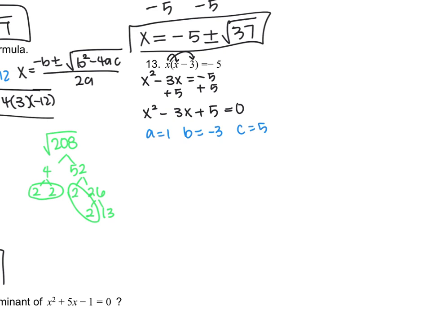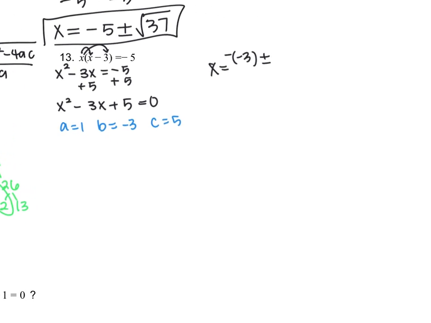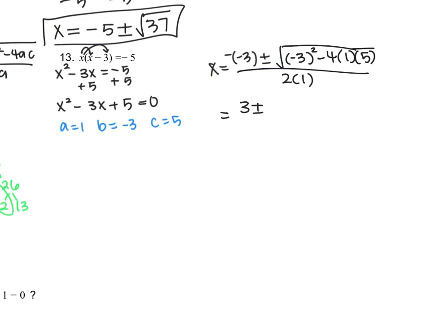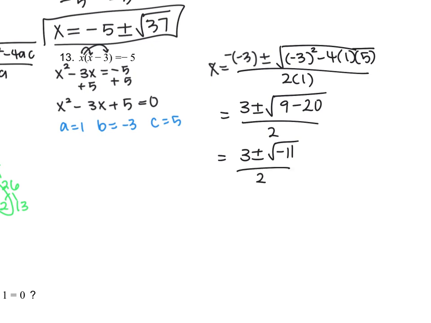Plugging into the quadratic formula, we get negative 3 plus or minus the square root of negative 3 squared minus 4 times 1 times 5, all over 2 times 1, which then becomes 3 plus or minus the square root of 9 minus 20, all over 2. 9 minus 20 is negative 11, so 3 plus or minus the square root of negative 11, all over 2.